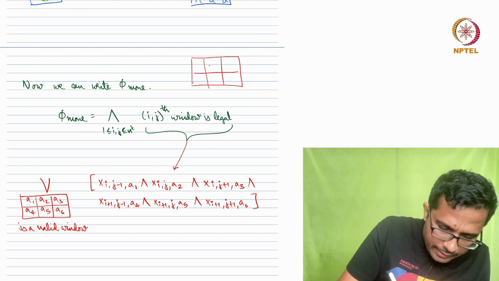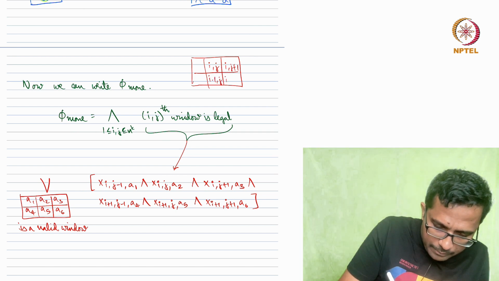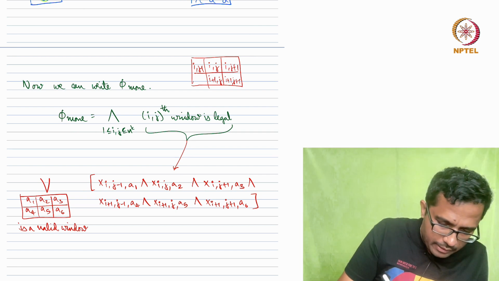So this is i and this is j. So this will be ij plus 1. This will be i minus 1, j. This will be, sorry, i plus 1, j; i plus 1, j plus 1, and so on. So here will be ij minus 1. Maybe I'll just make it a bit bigger.